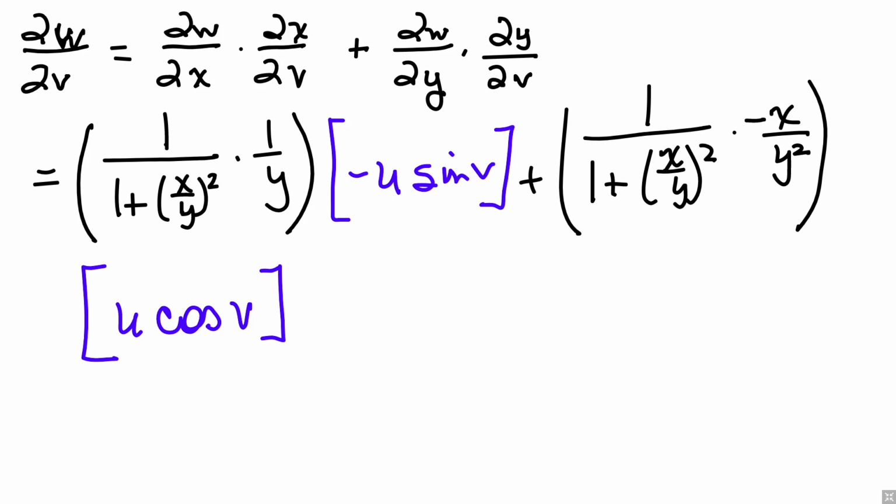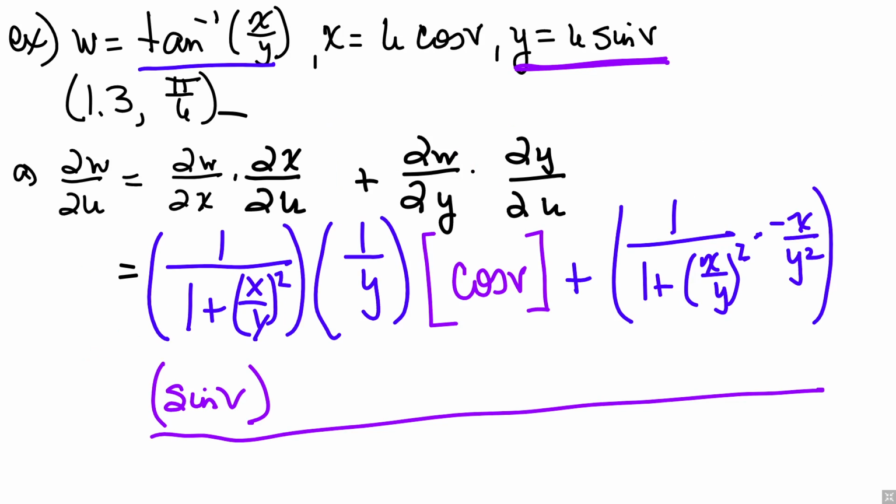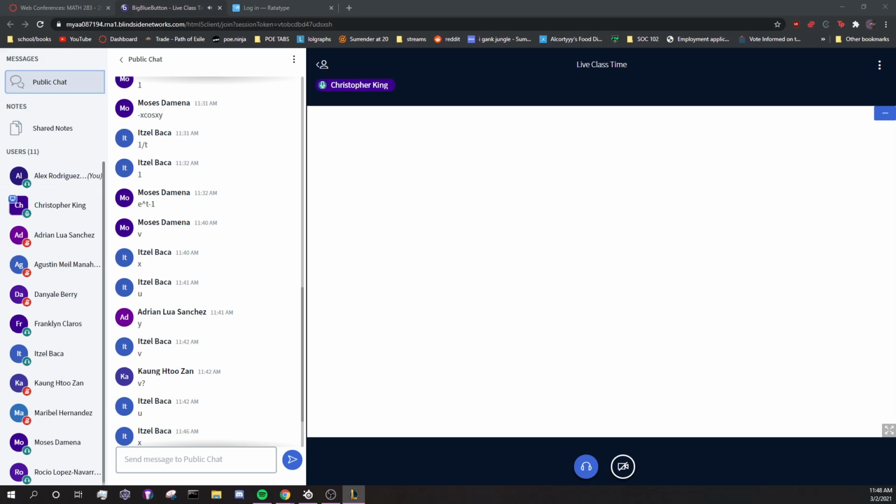Okay. So let's really look and see what this actually cleans up to be. I'm going to rewrite w, which is defined as the tangent inverse of x over y. Now I'm going to rewrite that in terms of u and v.